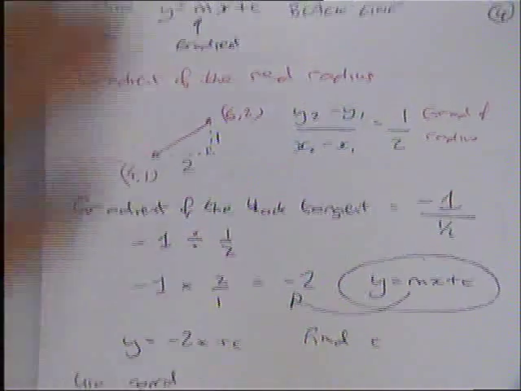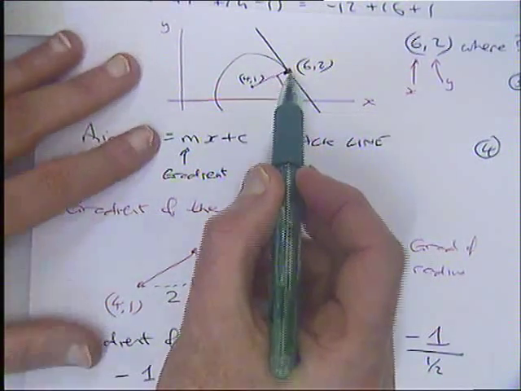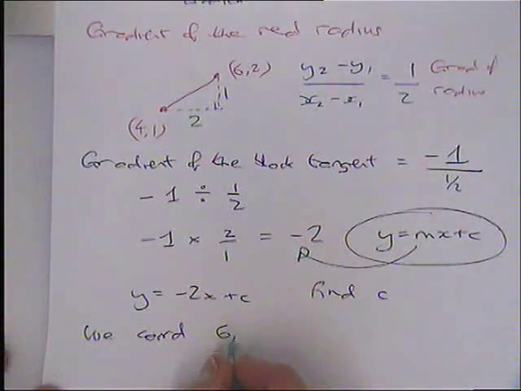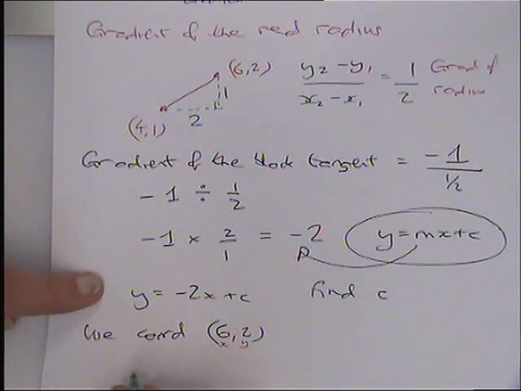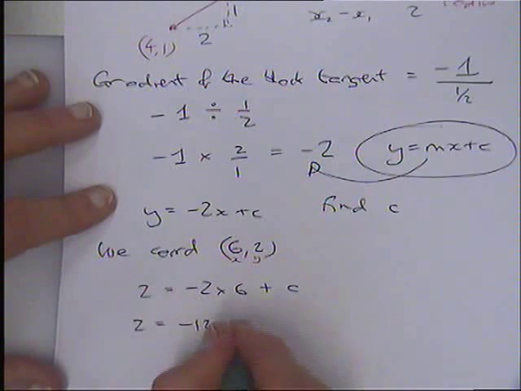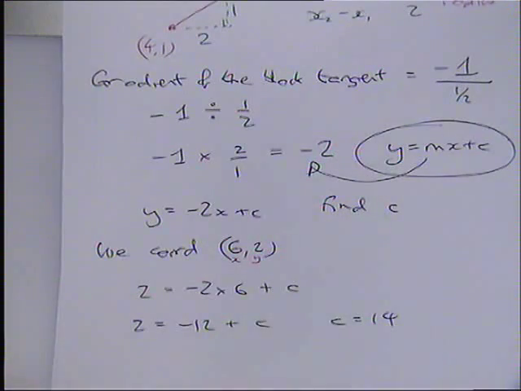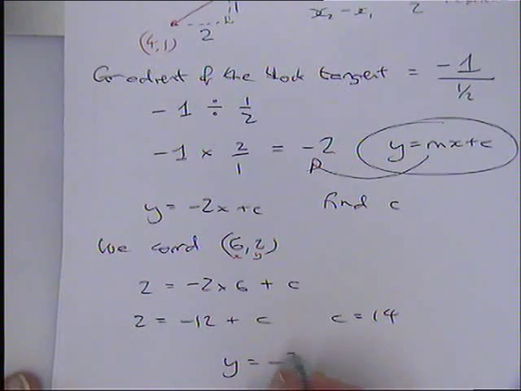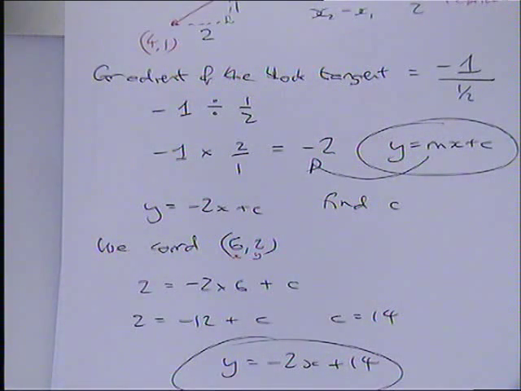I'll use the coordinate of the point, 6, 2, that I have on my black line. 2 is the y number, 6 is the x number. Substitute that in here. I get 2 equals minus 2 lots of 6 plus c, so 2 equals minus 12 plus c. So what will c equal? 14. So I finally get my equation is y equals minus 2x plus 14, which is the correct answer. And we'll stop there.